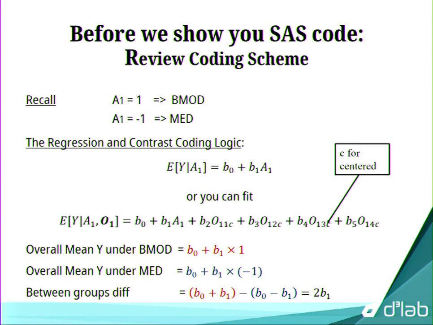To get the difference between the two, just take this linear combination for the overall mean under BMOD minus this linear combination for the overall mean under med. This would give you the between group difference, the difference between starting with medication versus starting with BMOD. This is twice the coefficient for A1. Very simple.